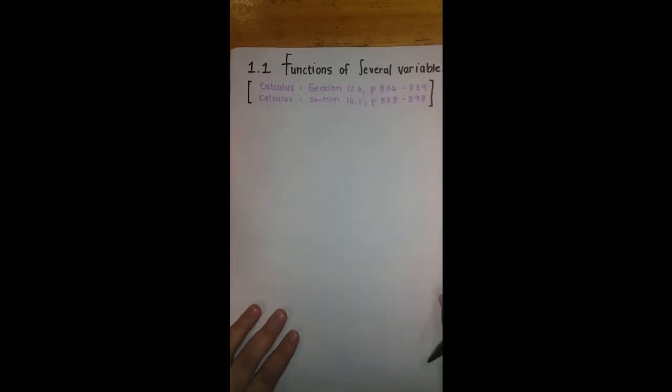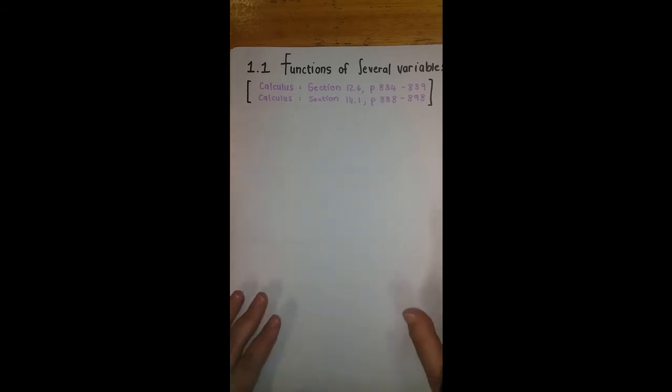So you'll see in your calculus textbook, it is section 12.6, page 834 to 839, and section 14.1, page 888 to 898. So let's start off talking about what is a function with several variables. Now, in the previous knowledge that you've acquired, you've probably worked with y is equal to x squared, y is equal to x plus x squared, and so forth.